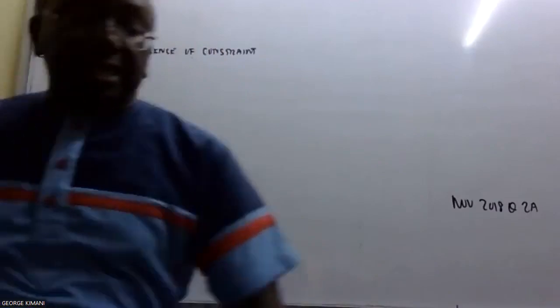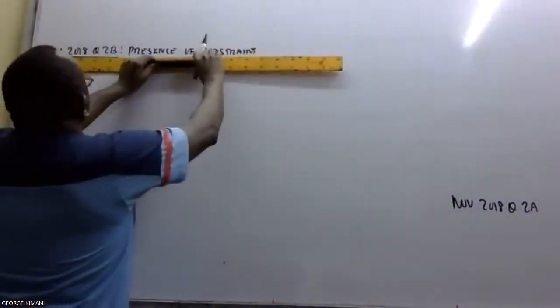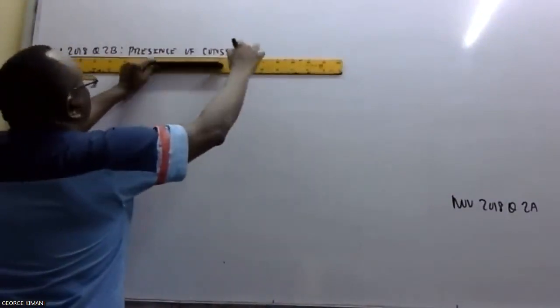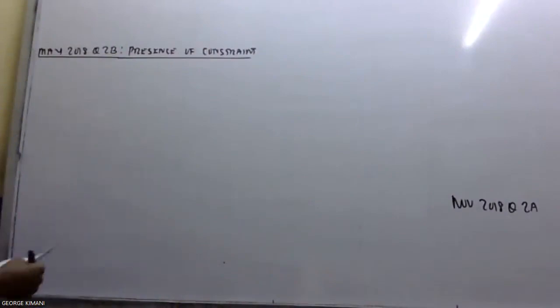When there is a budget constraint and you still want to maximize, how do you go about it? The first thing is to form a grade.